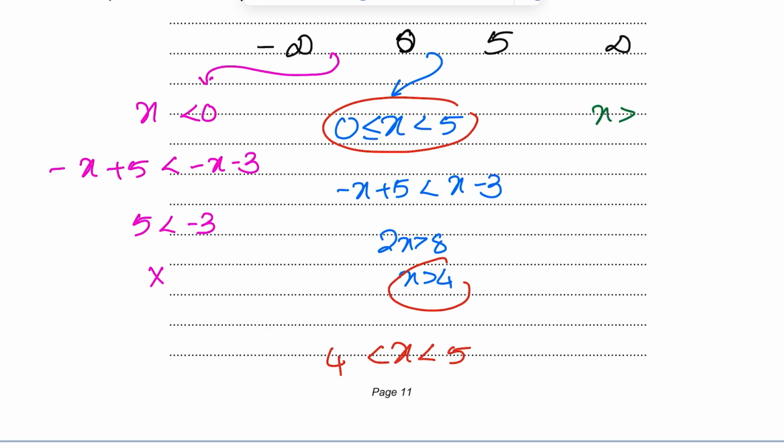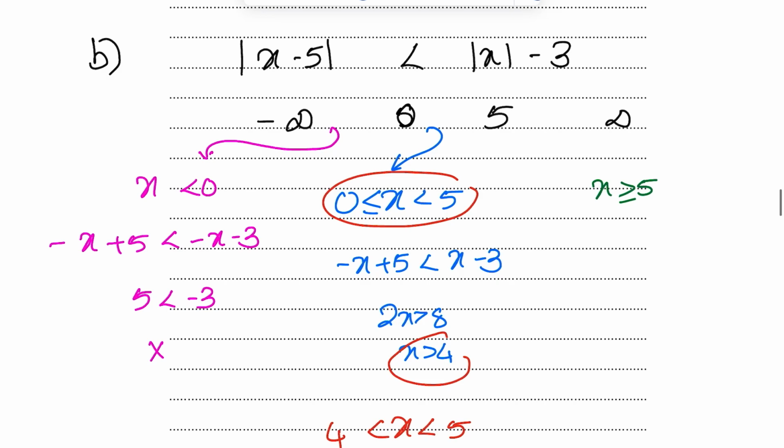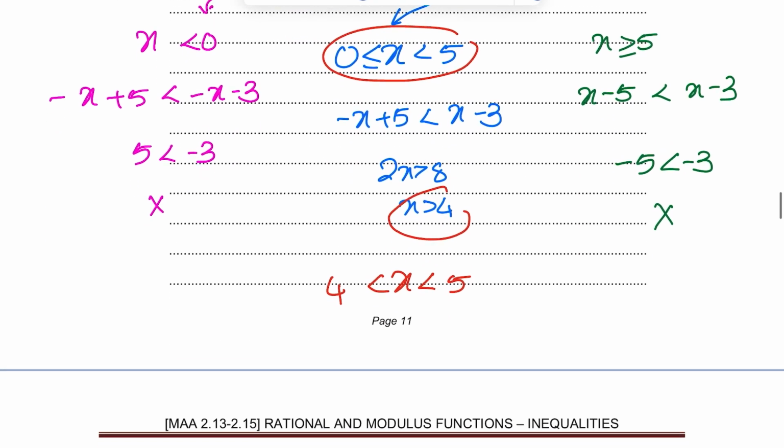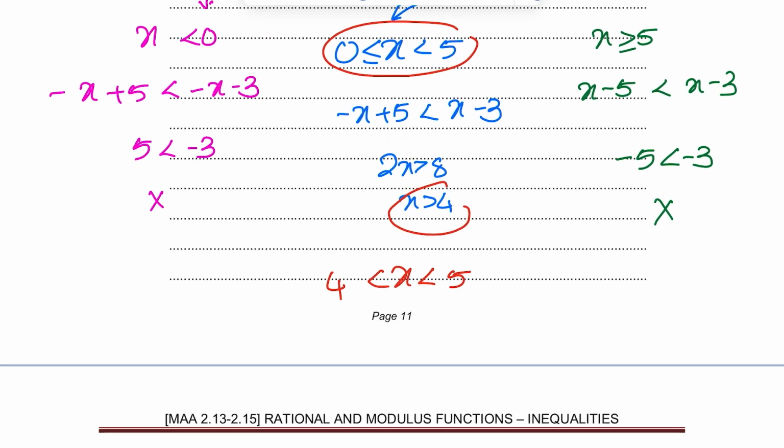Case 3, x is greater than or equal to 5. In that case, both left hand side and right hand side become positive. x minus 5 is less than x minus 3, minus 5 is less than minus 3, which is not possible. So my final answer is x is greater than 4.